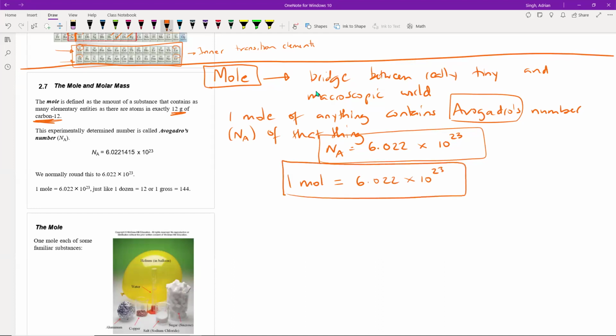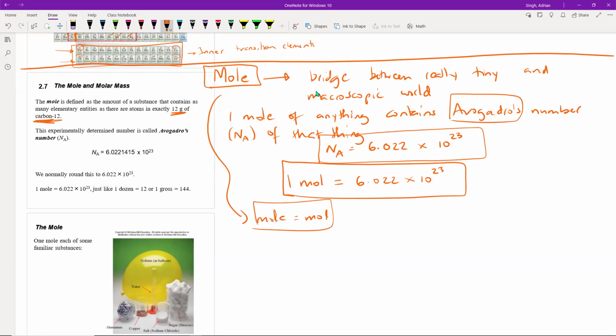1 mole of anything, whether it's a mole of cookies, you have that many cookies. If you have a mole of elephants, you have that many elephants. If you have a mole of hydrogen atoms, this is how many hydrogen atoms you have. And by the way, mole is often abbreviated as mol. So not much of an abbreviation, but it's used a lot. So keep that in mind.